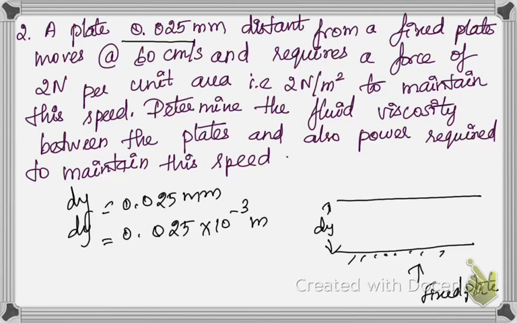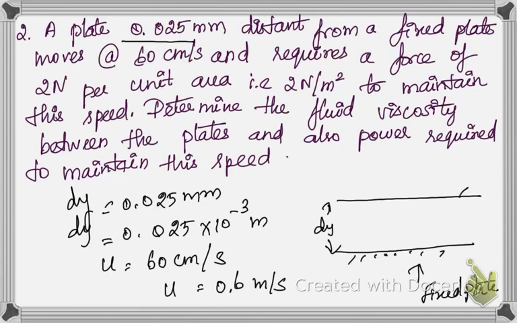And they have given that it is moving with a velocity of 60 centimeter per second, that is u is equal to 60 centimeter per second, which is 0.6 meter per second.